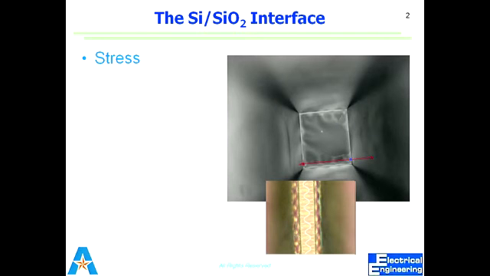It's not that the same amount of silicon is converted to silicon dioxide. Silicon needs to react with the oxidant to produce silicon dioxide. So the amount of silicon that is consumed is not equal to the volume of silicon dioxide that is produced. That makes sense, since silicon dioxide volume should be at least 2 times that of silicon. So these are the 2 types of stresses that you will always keep in mind. One is the residual stress due to the difference in thermal coefficient of expansion, and the other is at the interface due to the difference between the volume of silicon consumed and the volume of silicon dioxide produced.